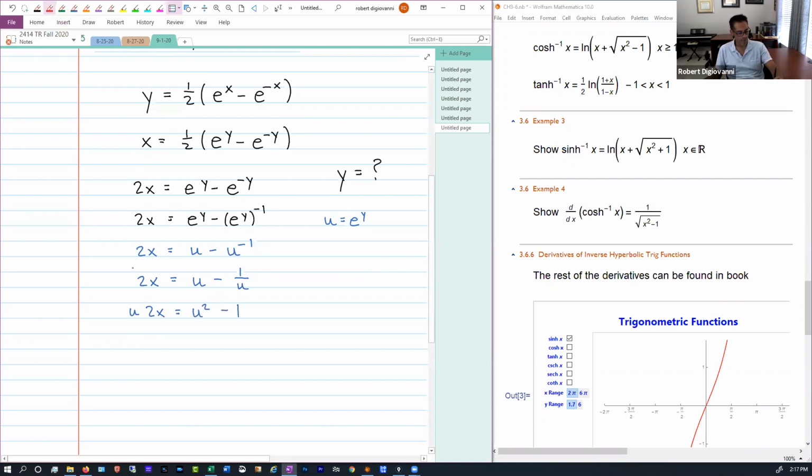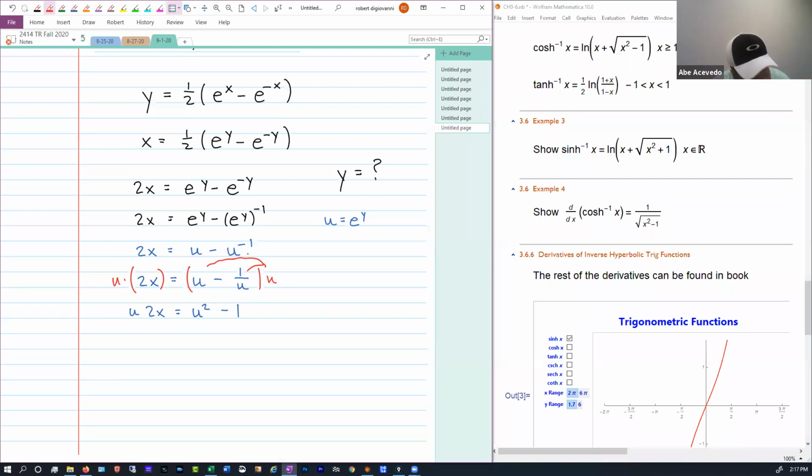So I multiplied the left side by u, multiplied the right side by u, and basically what I'm doing is clearing the fractions. Does everyone agree with that expression? Yeah. Yes. Now, this is a quadratic, but it's a quadratic that has two variables in it, u and x.